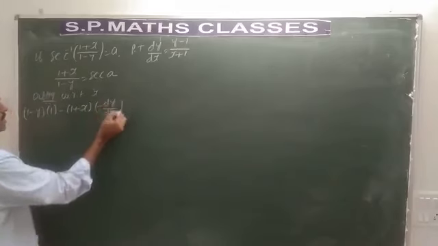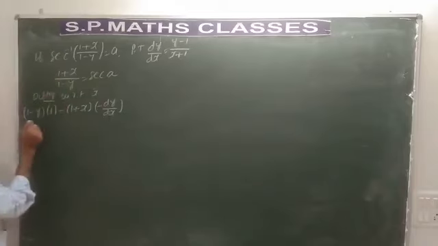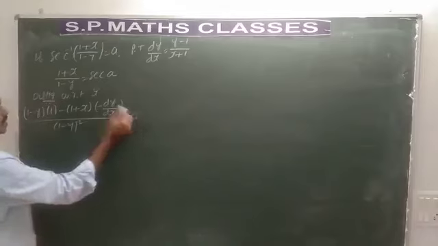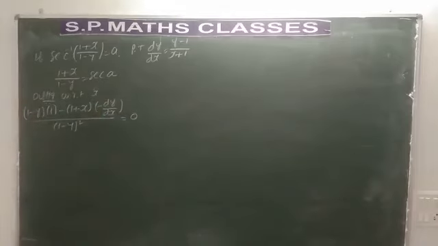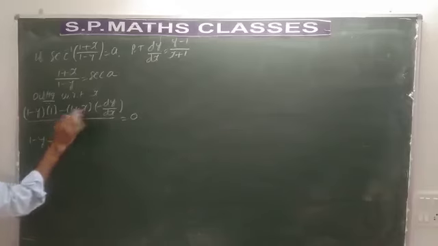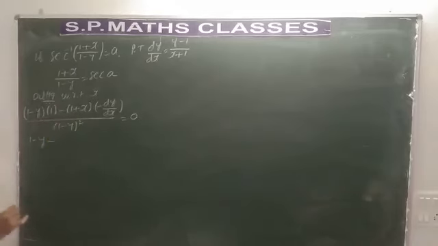So see here, 1 minus y, dy by dx divided by denominator the whole square is equal to derivative of secant a, which is 0. Now what happens? Minus into minus plus. So 1 minus y into derivative of 1 plus x, which is 1.